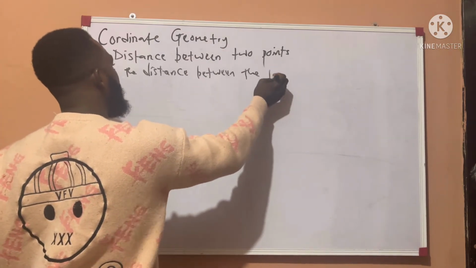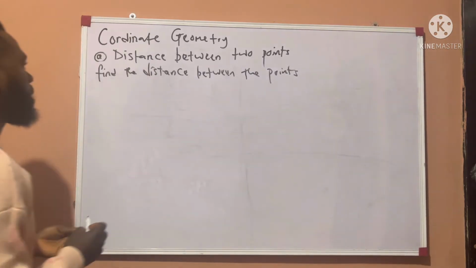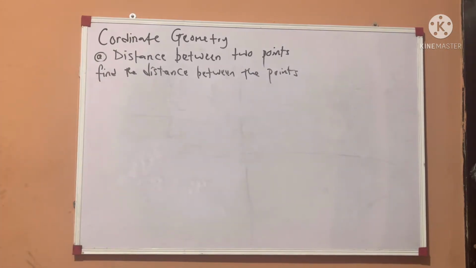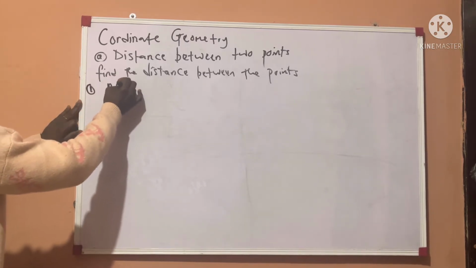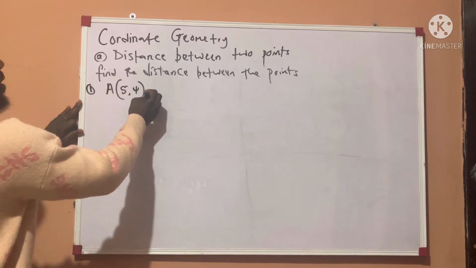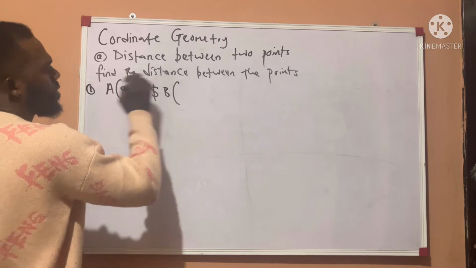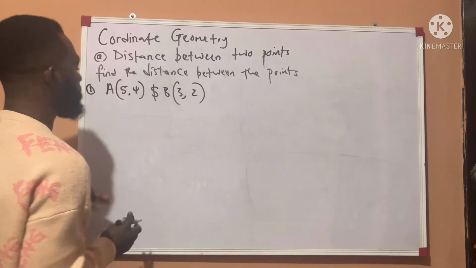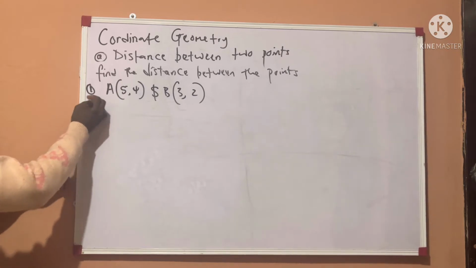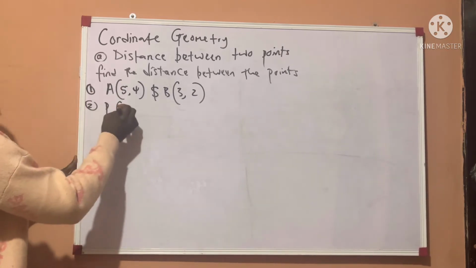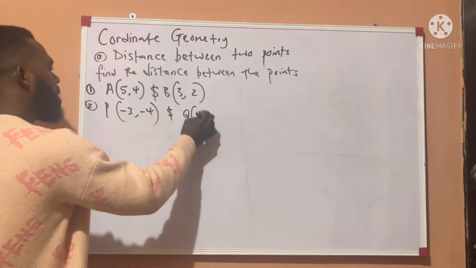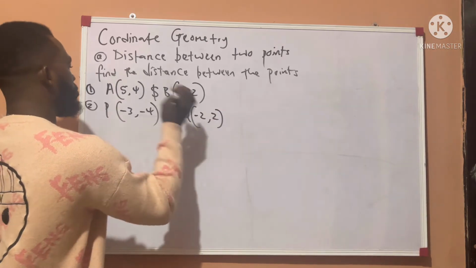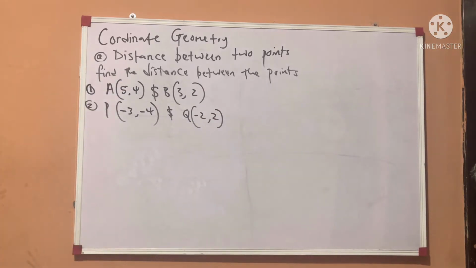Number 1: point A has 5, 4, and point B has 3, 2. Number 2: point P has minus 3 comma minus 4, and point Q has minus 2 comma 2. Now let us solve for the distance between A and B and the distance between P and Q.